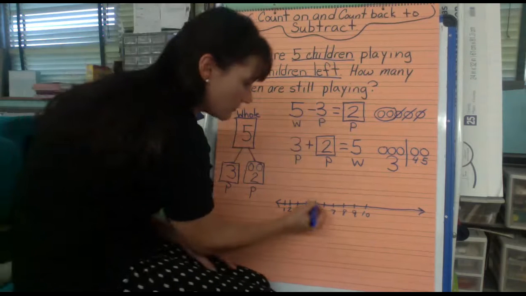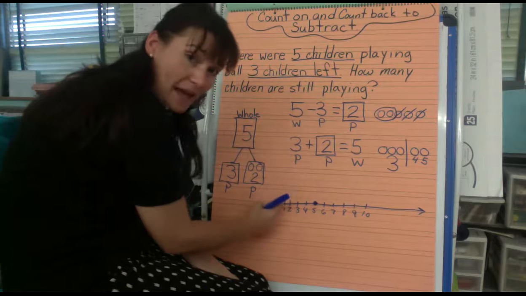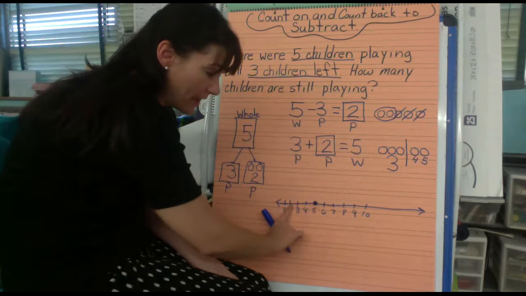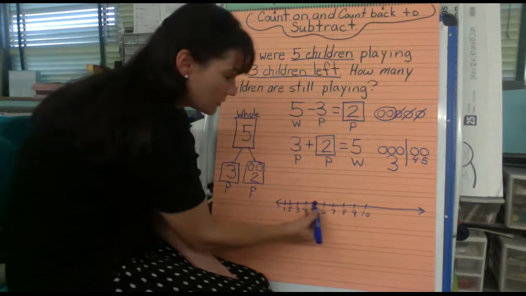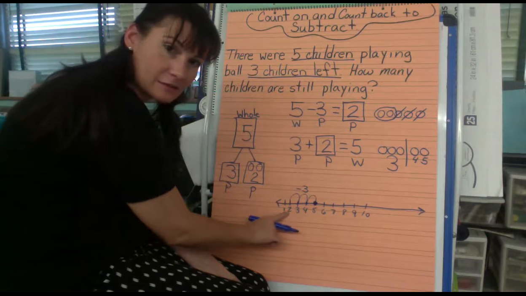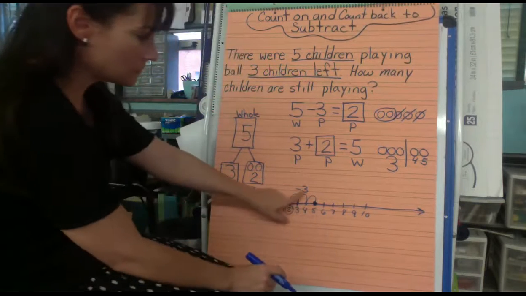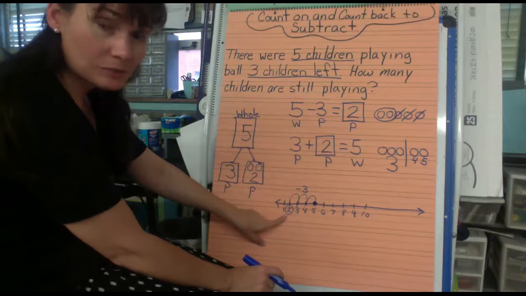So I'm going to start at 5, and because I'm subtracting, I'm going to go back. I'm going to count back to subtract. So 5 minus 3, let's go back 3 hops. 1, 2, 3. And where do I end? I end at 2. So 5 minus 3 equals 2.